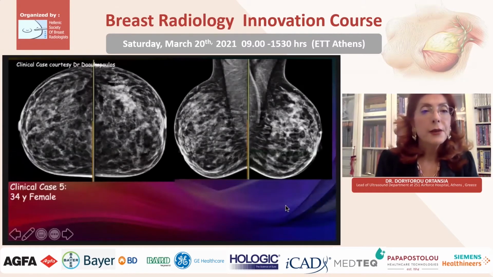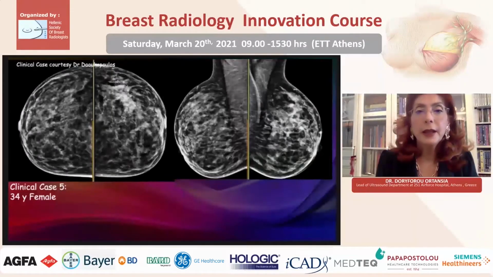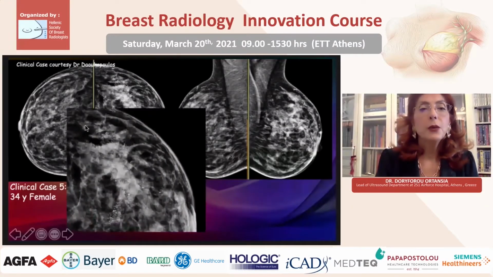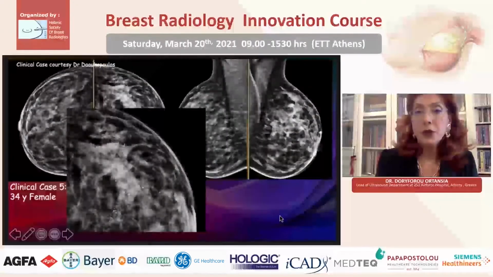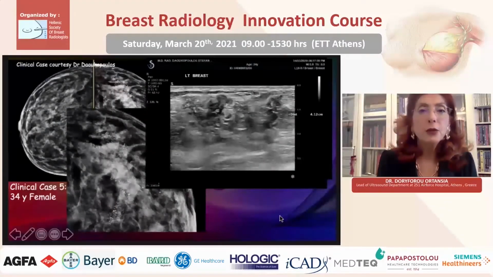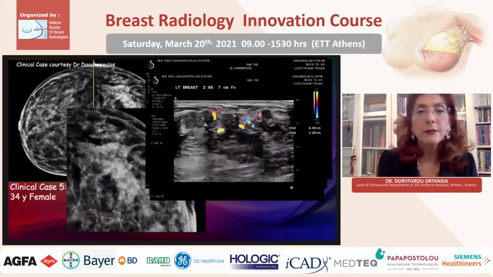Another case, a young female, palpable diffuse thickening, so she had a mammogram, and it was in the upper outer quadrant, diffuse pleomorphic macrocalcifications, very suspicious. On ultrasound, one could agree that there's nothing much to see, only to guess the area.